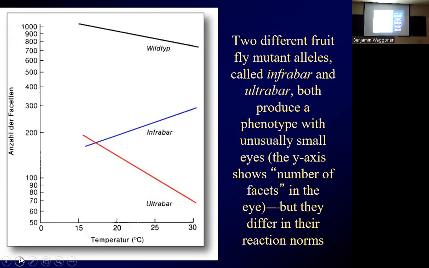Remember I mentioned the Dutch hunger winter, where people who were kids in the winter of '44, spring of '45, grew up shorter than they would have? Well, it actually turns out that their children are shorter than average, even though they're growing up in the modern Netherlands and not undergoing starvation at all.